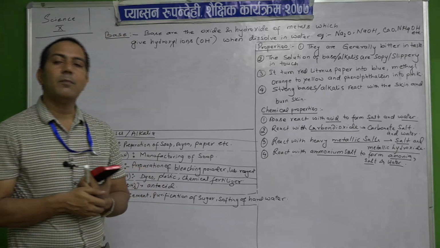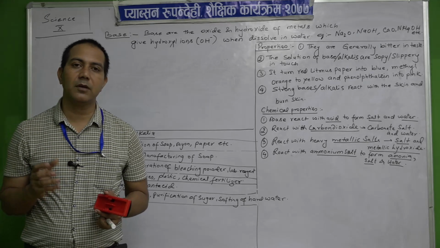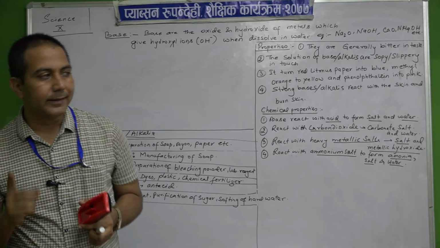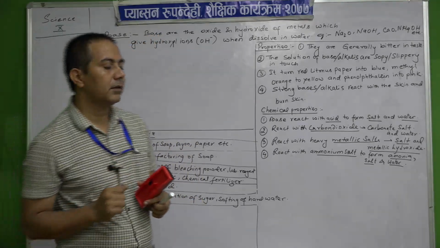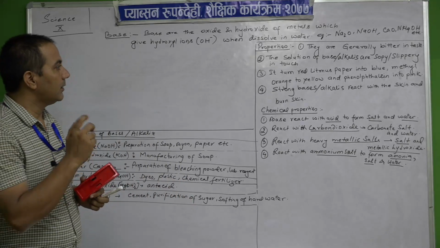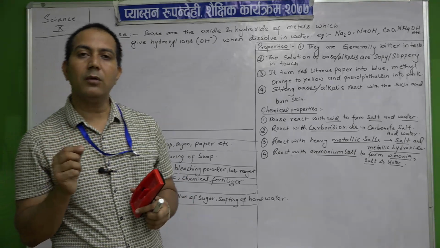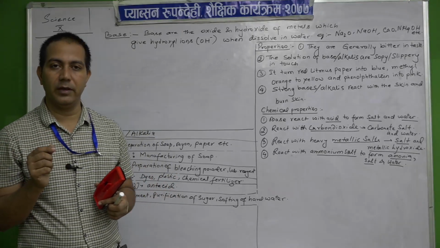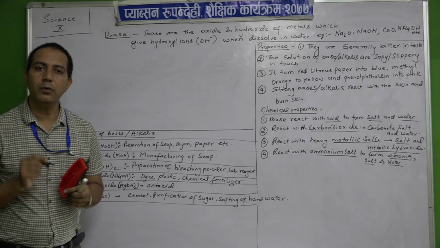These are some of the physical properties of bases. Number one, they are bitter in taste. Another, when the bases are somewhat soluble, they are slippery to touch or soapy.